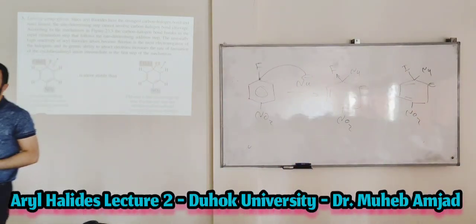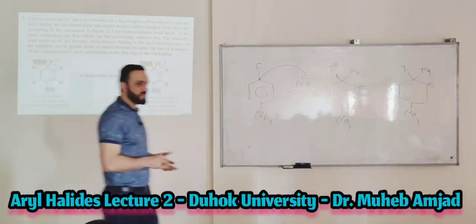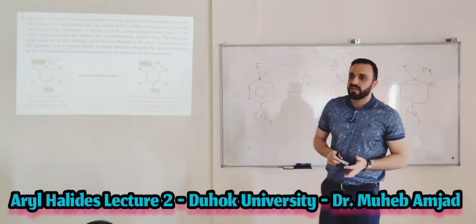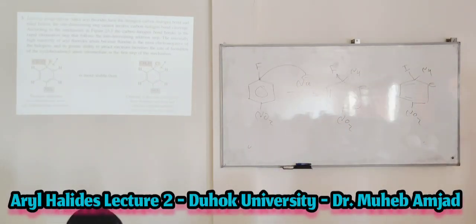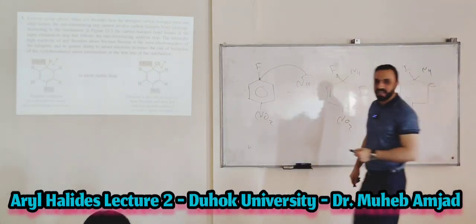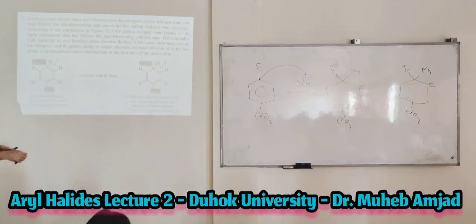Now the leaving group here, as we said before, I put a question mark: which is the more active one, the fluorine, chlorine, bromine or iodine? Here, the fluorine. Why? Because of the electronegativity. And this is the answer here.